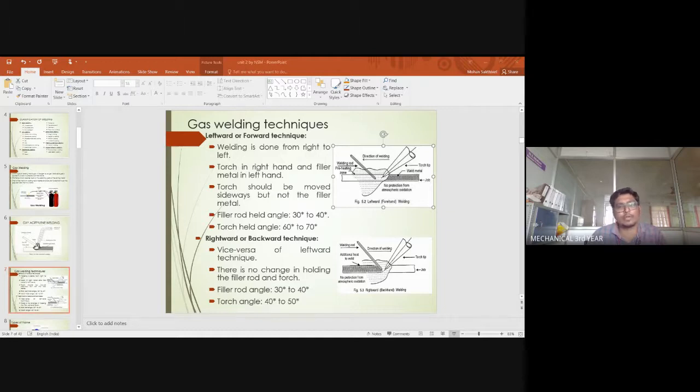So this is the typical diagram of your submerged arc welding. You can see an AC or DC power supply is connected to your electrode, and this is connected to the feed unit, and you have a hopper over here which continuously supplies your flux. You can see here the metal is being melted and it is deposited over this area, and here you can see the burnt flux forming a slag in this area.